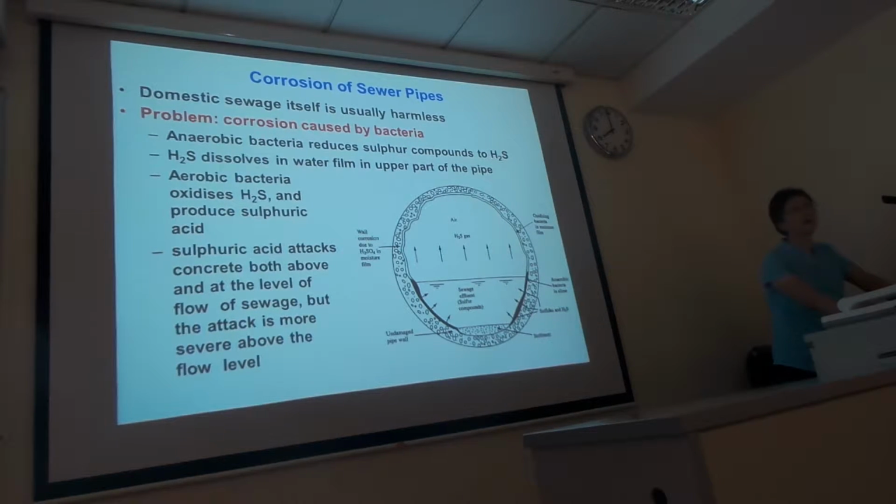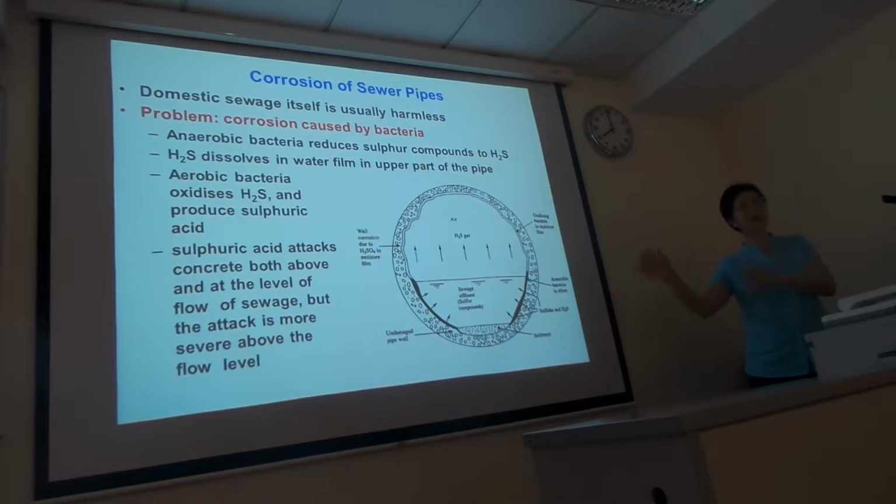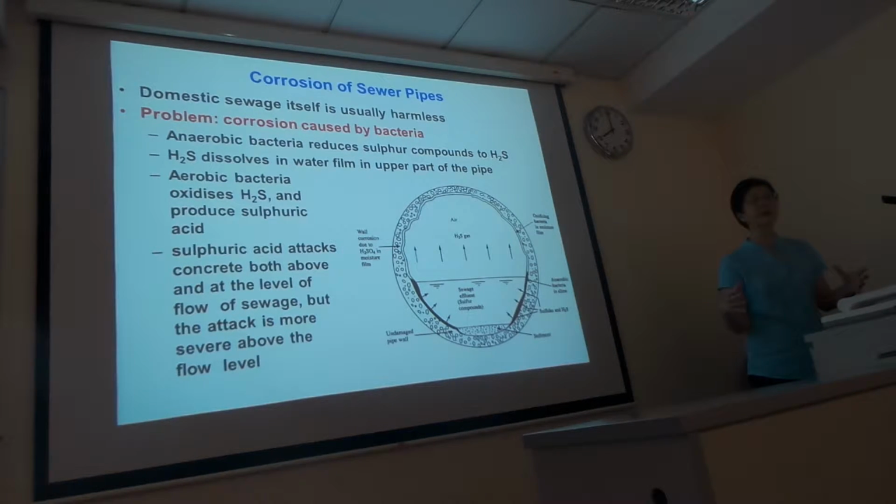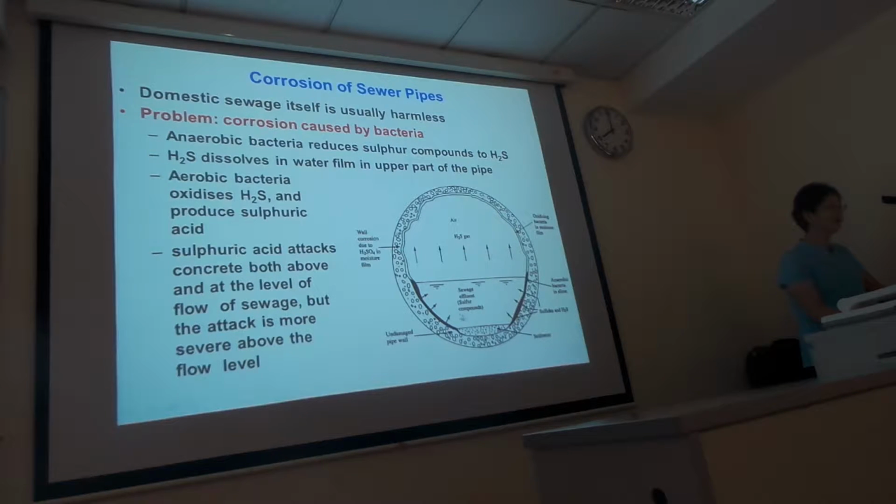So this is actually corrosion of a sewage pipe. So in cities, from the buildings to the large sewage pipe, you see this concrete sewage pipe, right? When the concrete is used for a sewage pipe, you have sewage here, and typically domestic sewage itself is usually not a problem.